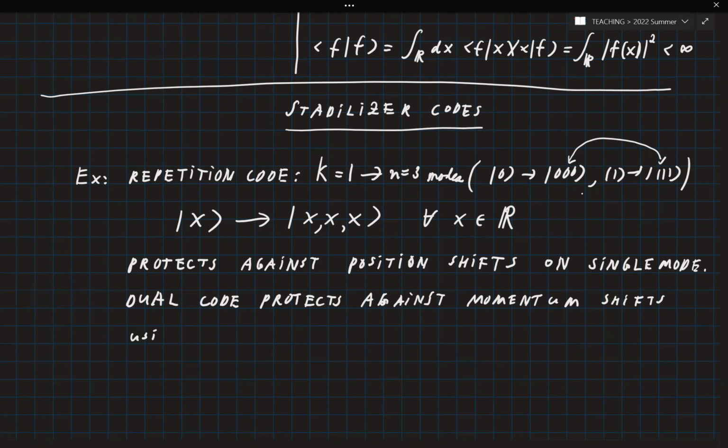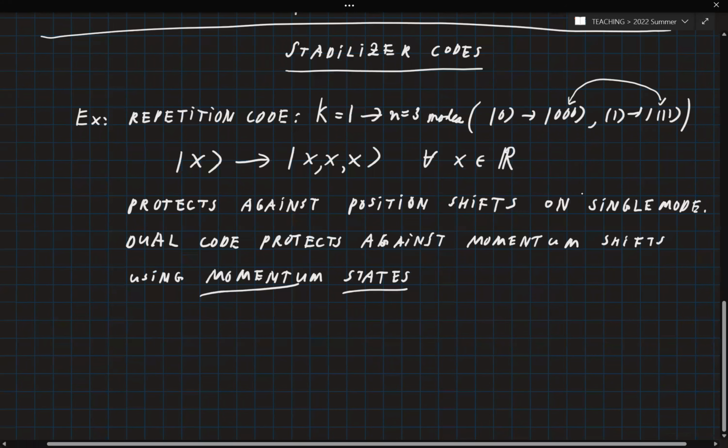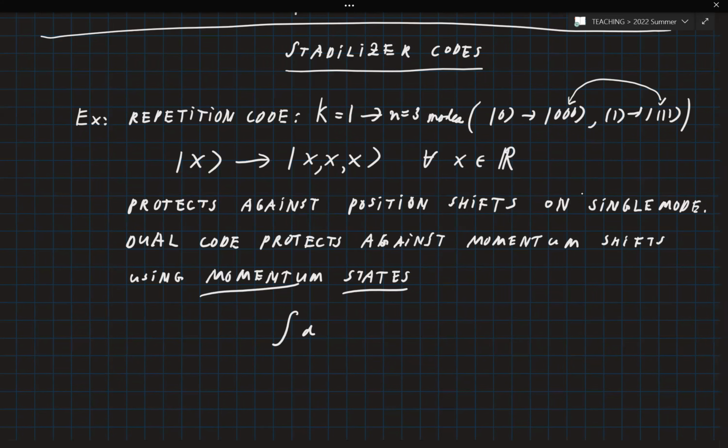And it uses these other states called momentum states, which I won't define a ket for. I'll just write them as a superposition, because we're not going to be using the momentum state basis, but I do want to show you what it is.